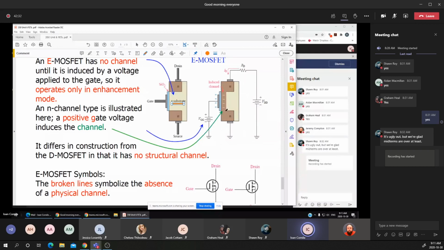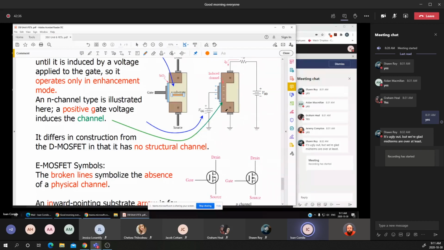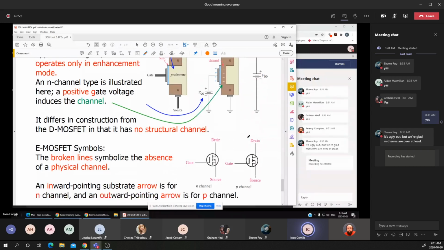The symbol that is used for the P-type and the N-type. Again, you notice that the physical construction of the P-type or the N-type has no physical channel between the drain and the source.